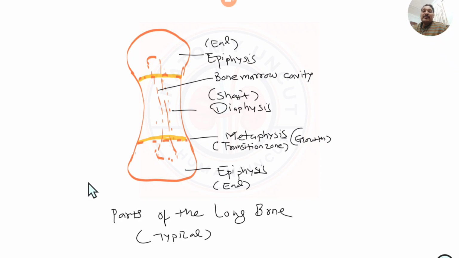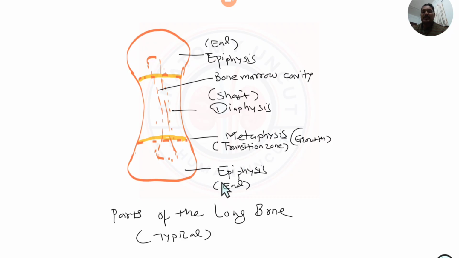Okay. Now see, what you see is the typical appearance of a bone, which has the ends. The middle part is known as the shaft, and the ends we call the epiphysis.